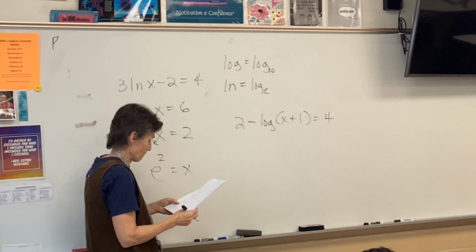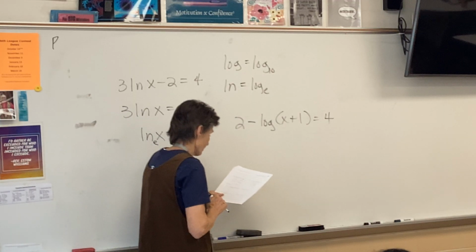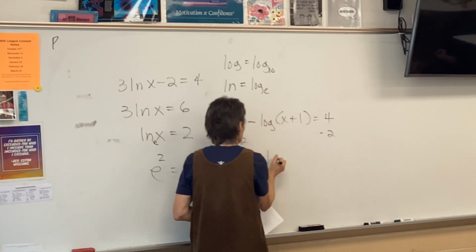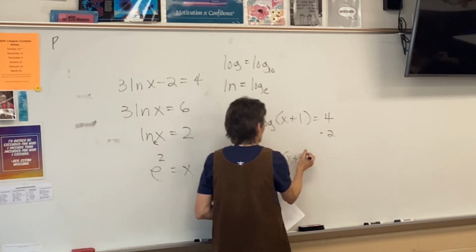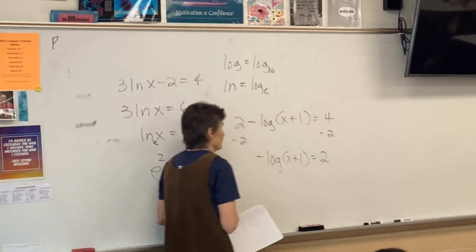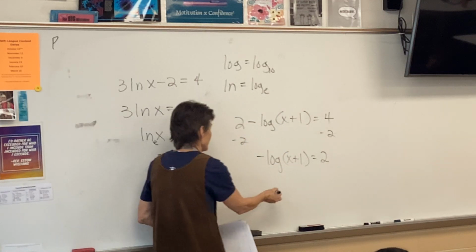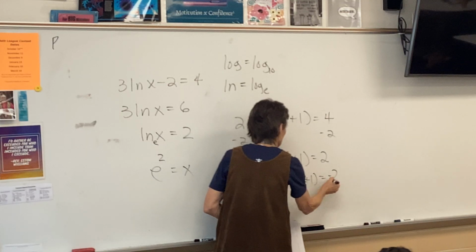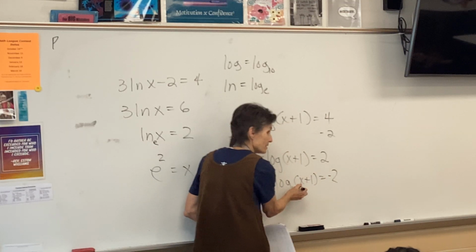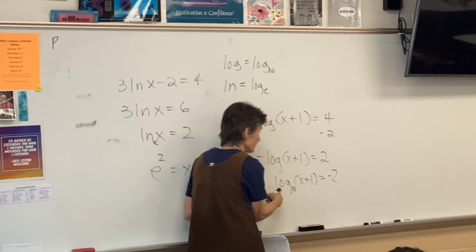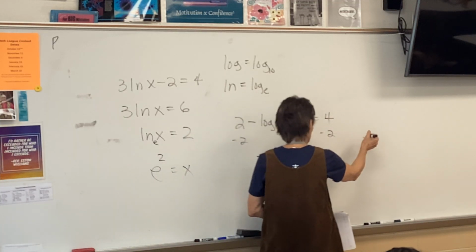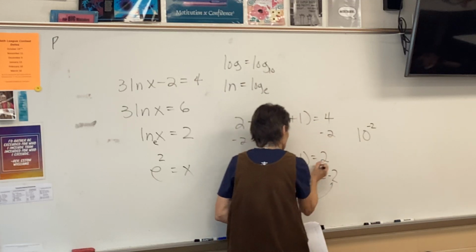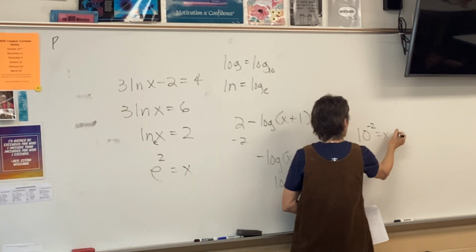Step 1. Subtract minus 2, very carefully. Divide by negative 1. The base is 10, because that's a log. 10 to the negative 2 equals x plus 1.